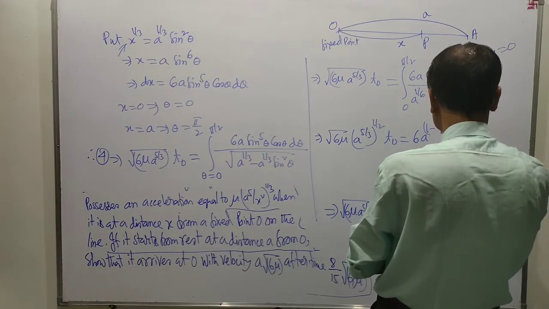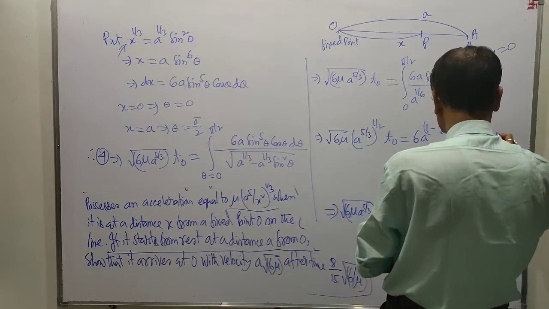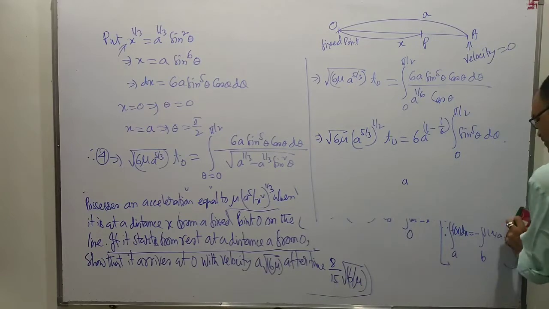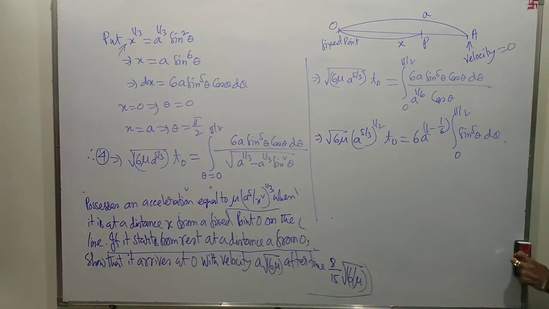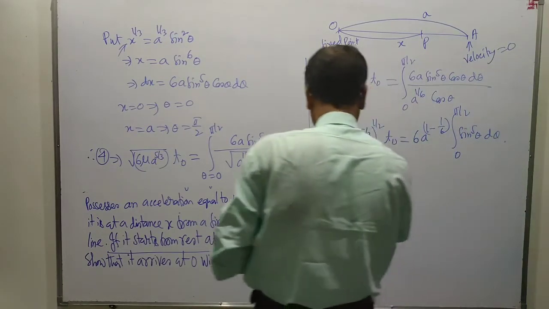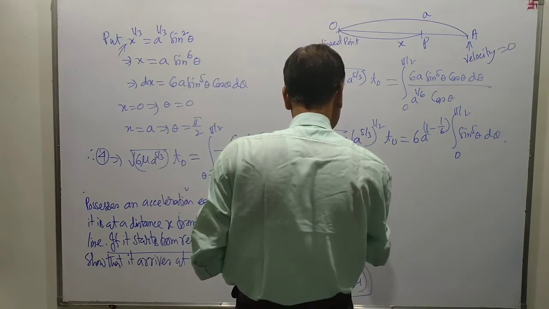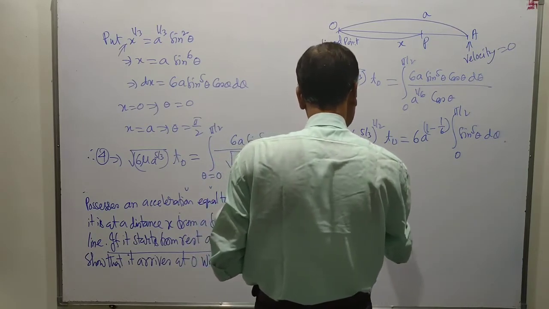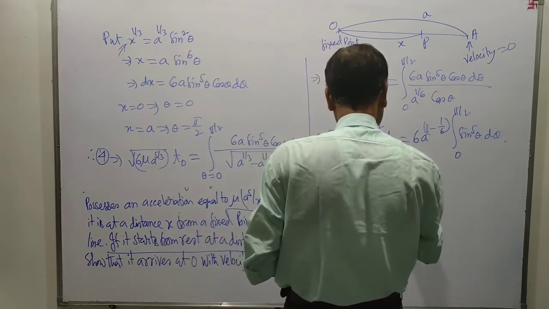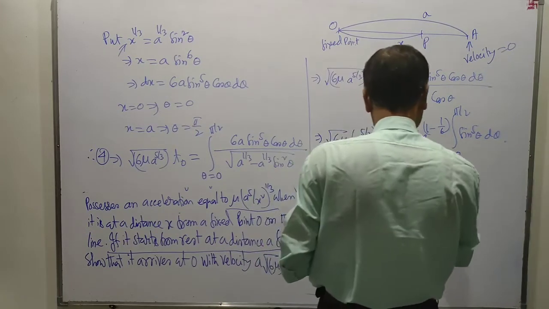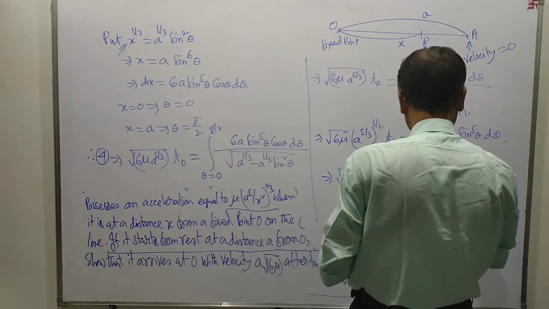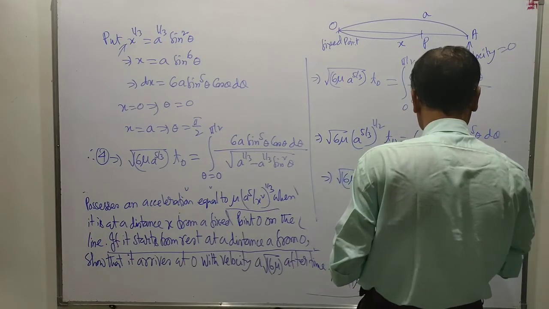Cos theta will be cancelled, sin to the power 5 theta d theta. You may write like this. This means root over 6 mu a to the power 5 by 6 T naught equal to 6 a to the power 5 by 6.